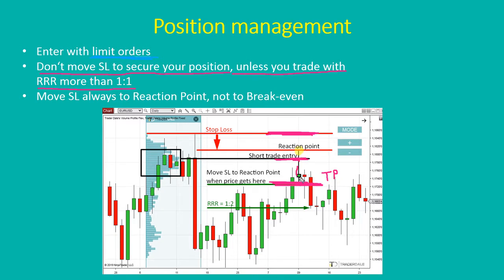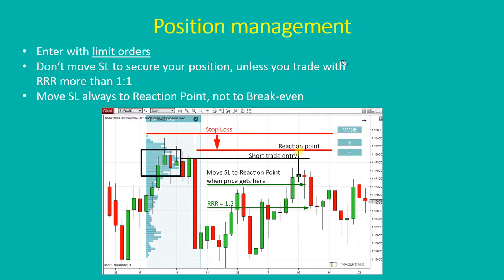Even if the price retraced back above my entry point, I wouldn't do anything, I wouldn't quit the trade. I would leave the trade room to breathe, to develop, and I would hope that the price would turn and hit the take profit. Alright, so if you trade with risk-reward ratio 1, then just don't secure your position, don't move your stop loss, just leave it as it is.